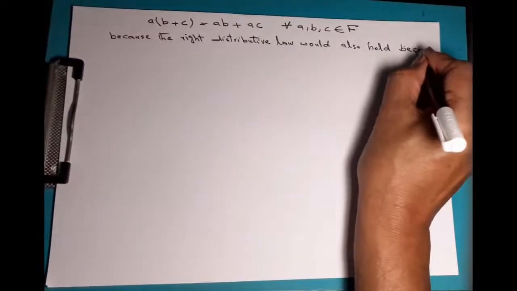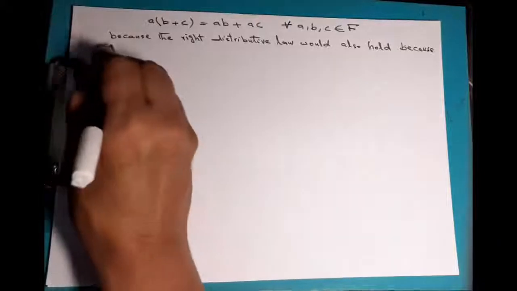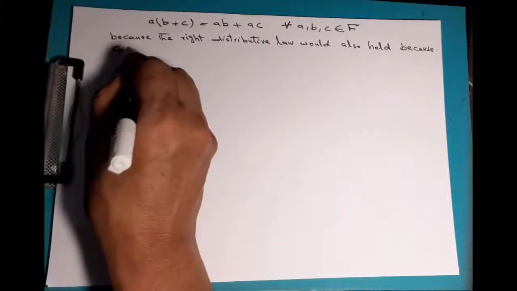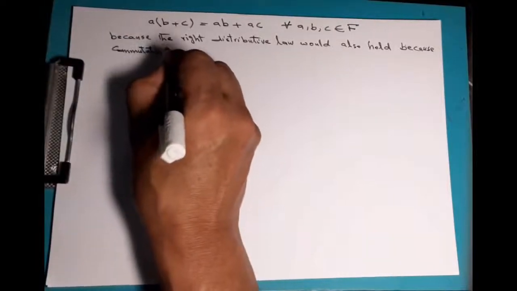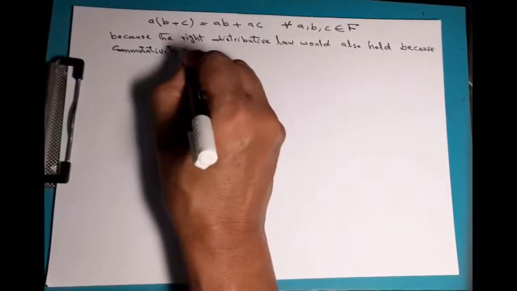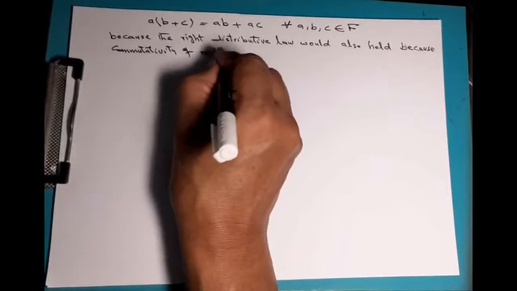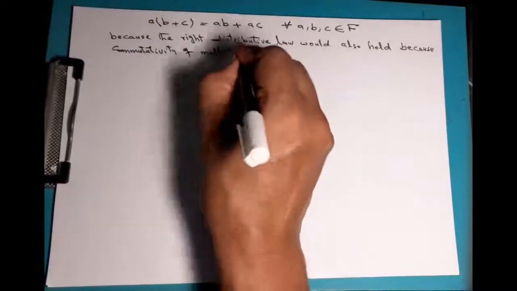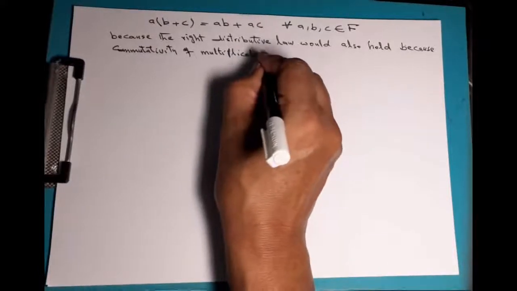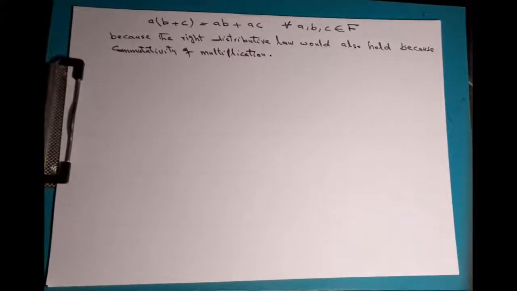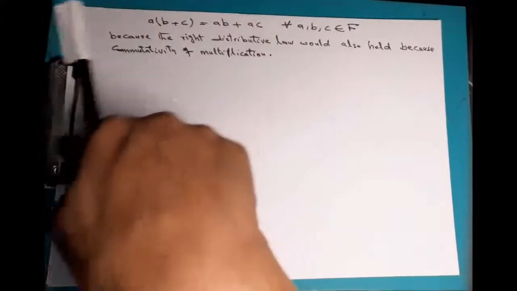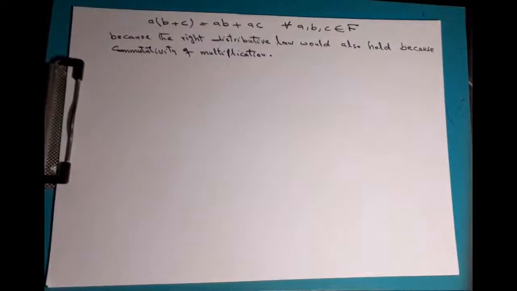Because of commutativity of multiplication, when we write definition of field, we mention only one distributive law because other distributive law automatically holds because of commutativity of multiplication.